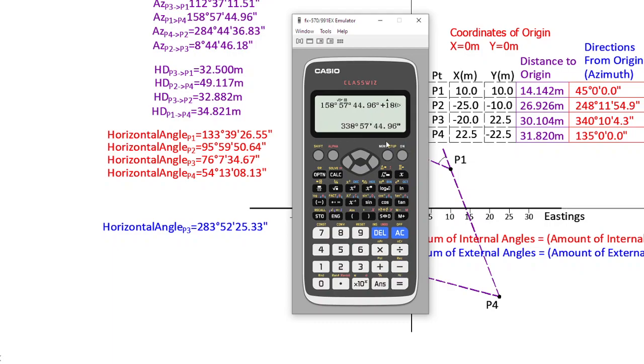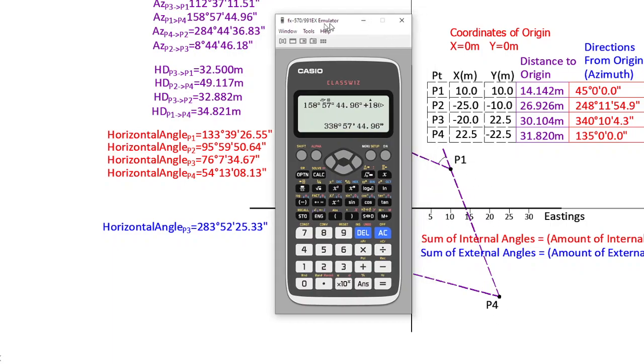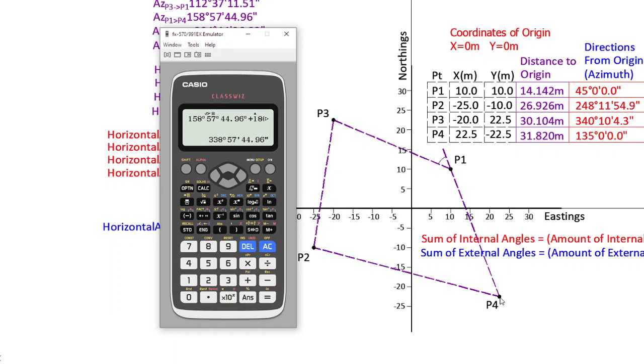So this is my direction, okay, from P4 to P1. But remember, I walked all the way from P4 to P1 and I haven't changed my line of sight. I'm still looking in the same direction, okay?